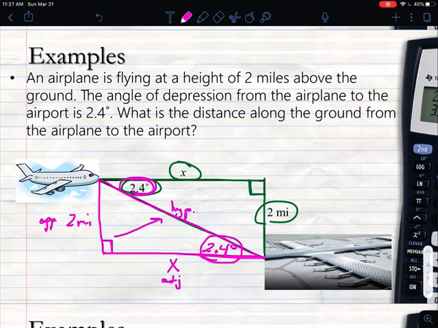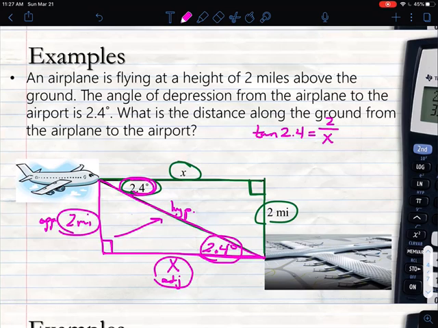So in this case, I don't have a hypotenuse. I have an opposite and I have an adjacent, which means I would need to use tangent. So tangent of 2.4 is equal to my opposite 2 over my adjacent x.